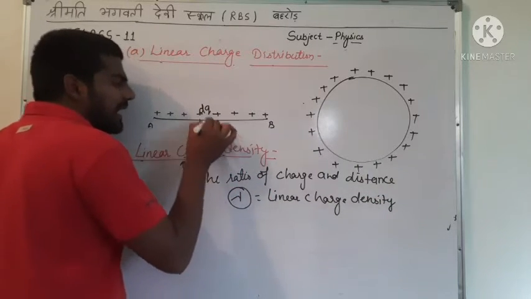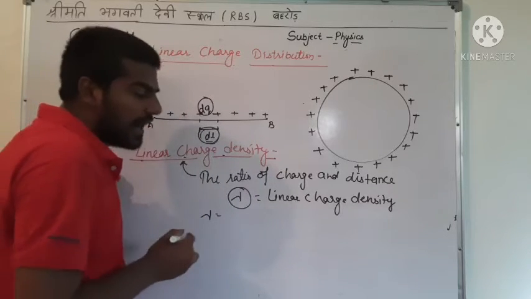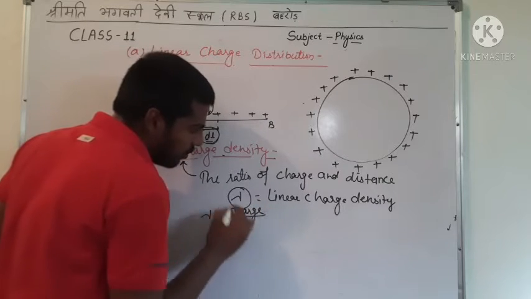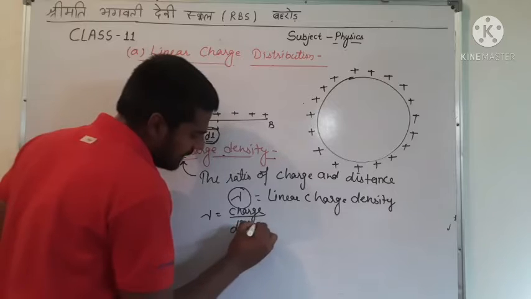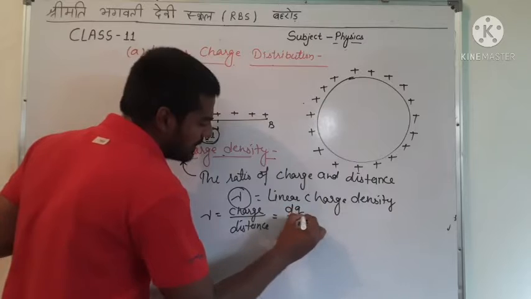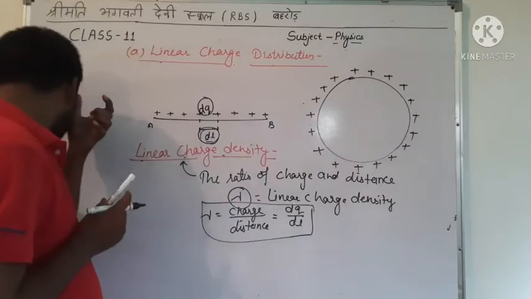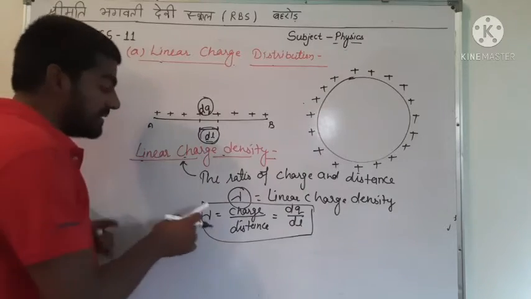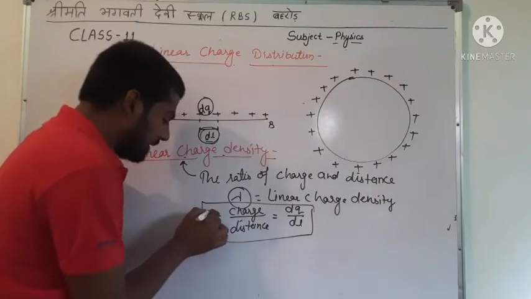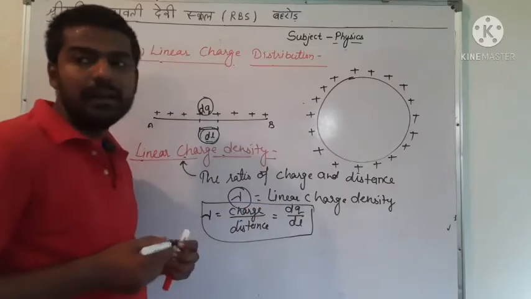This is the length dl and this is the charge dq. So lambda equals charge upon distance, which is dq upon dl.